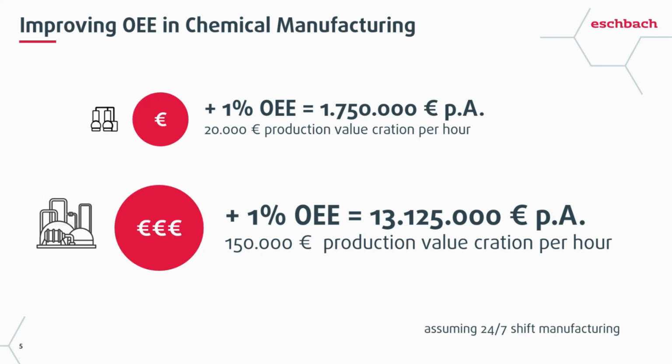Euros, US dollars, doesn't matter. Some would say maybe 10K, maybe 20K if you're running a really small asset. But some others might say maybe it's 150K per hour. Maybe you go even beyond 300K per hour. It really depends on your process and on your asset. But the bottom line is that if you add those up, just a 1% OEE increase can make a huge impact over the course of a year.